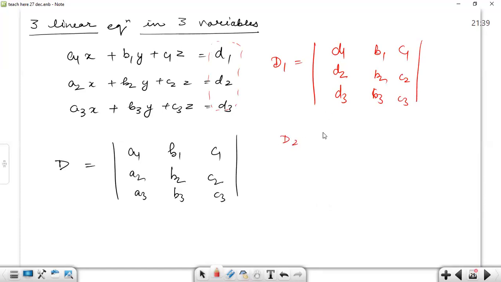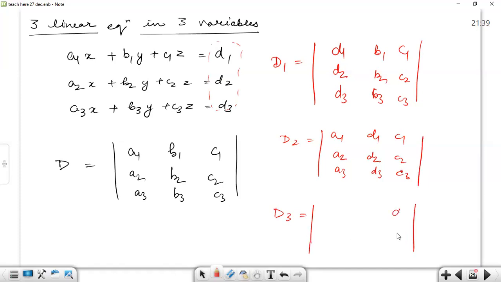Similarly, for D2, the second column changes and others remain the same. D1, D2, D3 here, and this remains the same. For D3 this time, because there's one more column to replace, the third column becomes D1, D2, D3, and other columns remain the same as D. So A1, A2, A3, B1, B2, B3.